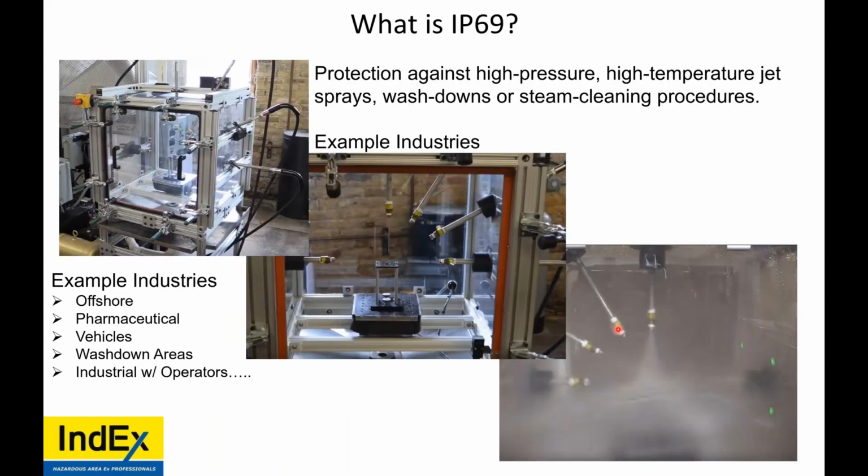Okay. What is IP69? Well, it's protection against high pressure, high temperature jets, usually for wash down or steam cleaning procedures. Example industries: offshore, pharmaceutical, vehicles, wash down areas. Now, within the industrial field, I would point out operators. Operators like to use hoses and blast everything.